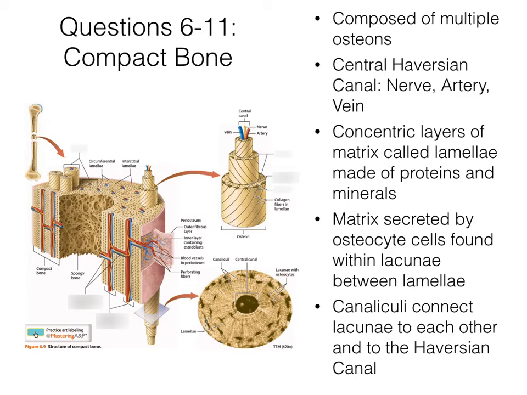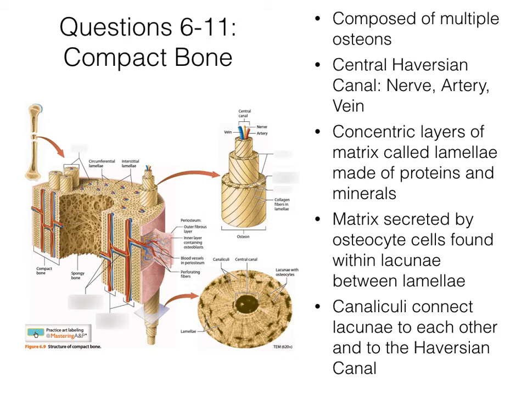Each osteon has one of these central canals, the Haversian canal, and growing around that canal in concentric rings are lamellae, and those lamellae are the matrix.